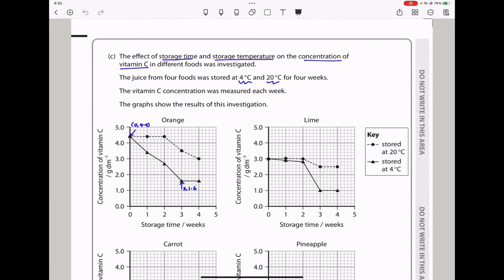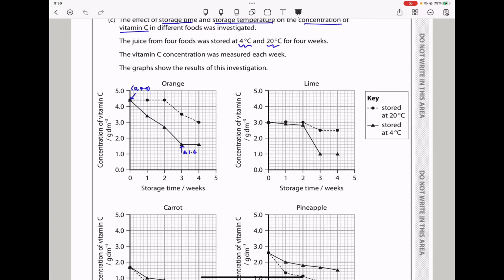Moving on. Here they say, the effect of storage time and storage temperature on the concentration of vitamin C in different foods was investigated. The juice from 4 foods were stored at 4 degrees Celsius and 20 degrees Celsius for 4 weeks. The vitamin C concentration was measured each week, and the graphs show the results of the investigation.